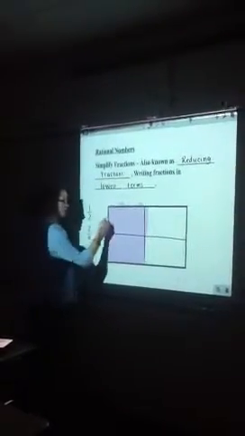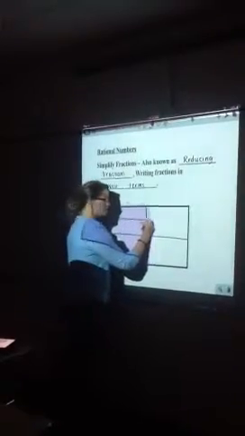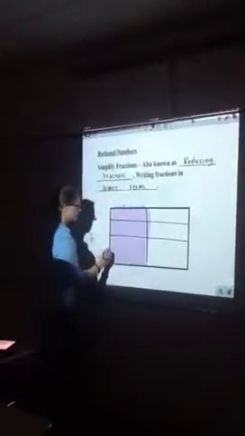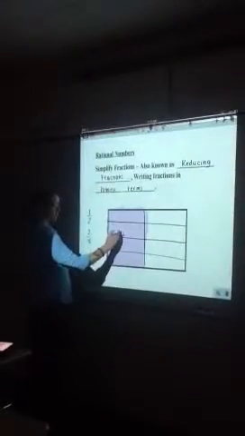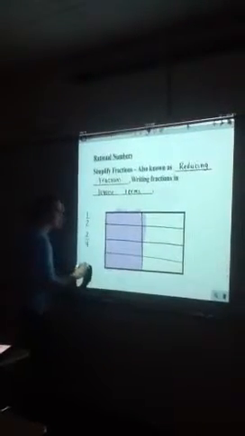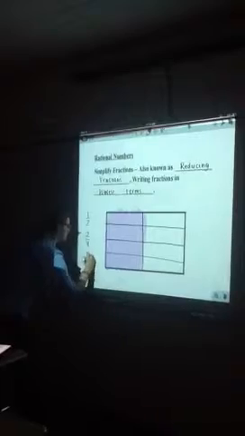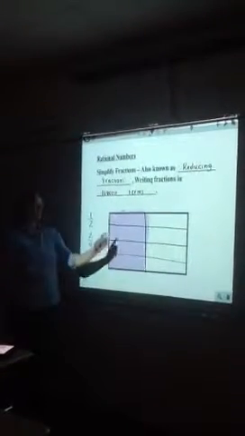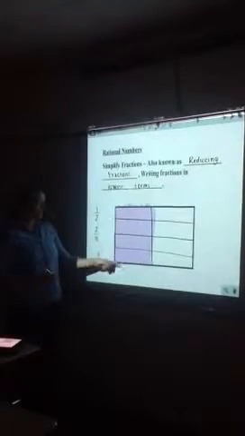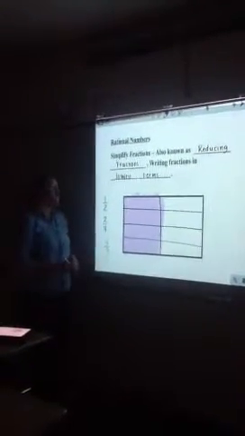Let's do another line. Now we have 8 parts of the block, and 4 of them are colored in. Still 1/2 of the block, but now it's represented as 4/8.